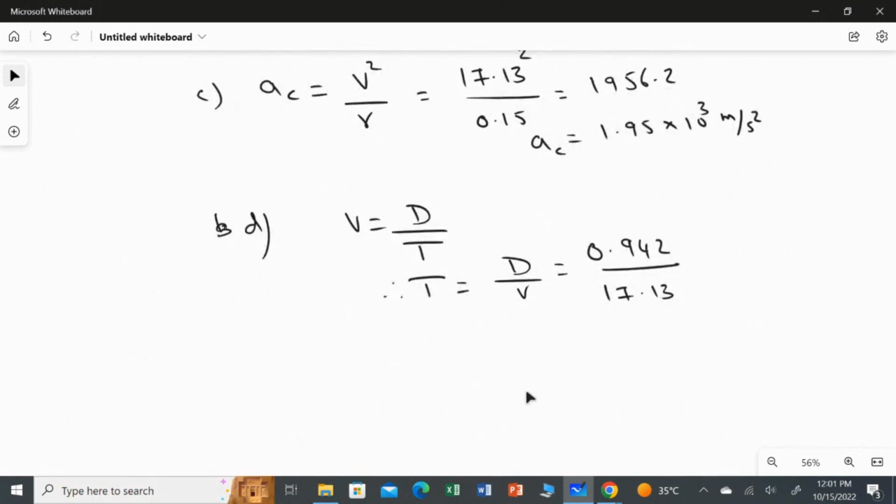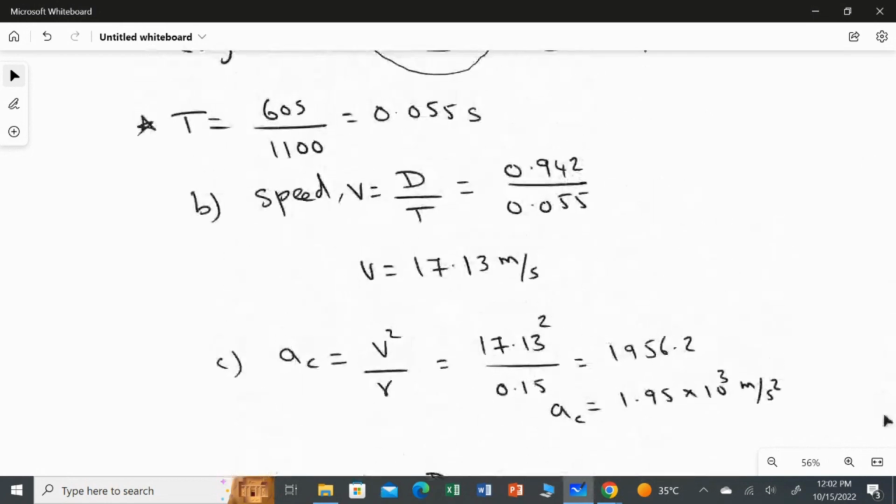So let's check. 0.942 divided by 17.13 gives the same answer, 0.055 second. Clear? So we can cross check our answers.